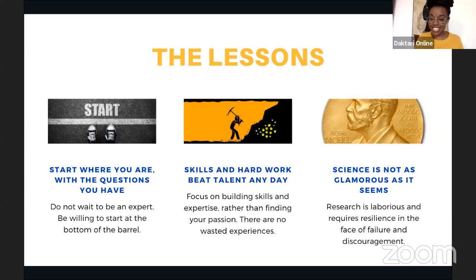Then, science is not as glamorous as it seems. That's been a bitter pill to swallow, but it's true. We hear people talk about the Nobel Prize in physiology and medicine. In fact, when my classmates and I joined the BSc in physiology, we were like, that's the goal for us. We want to win Nobel Prizes in physiology. But that's nice. No one tells you that it's hard work.